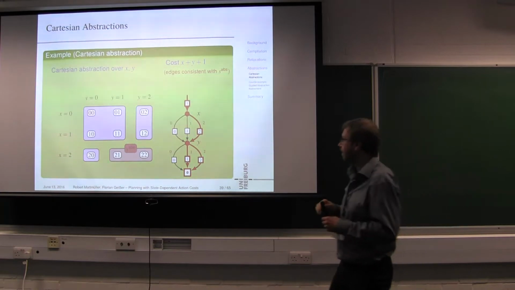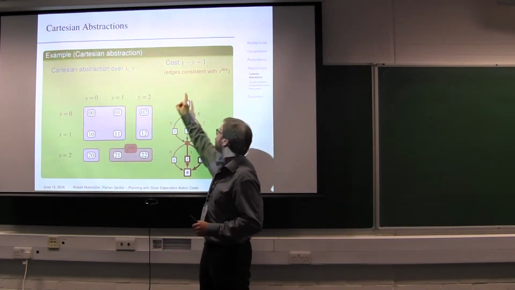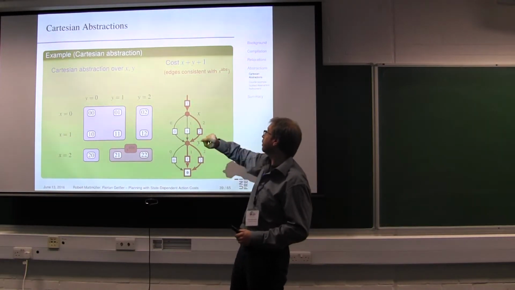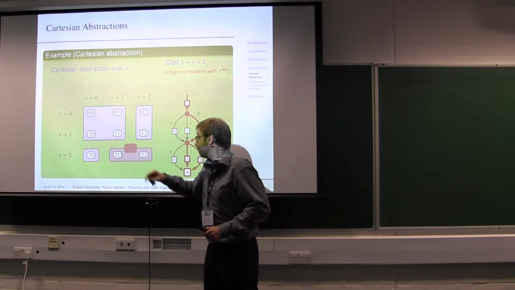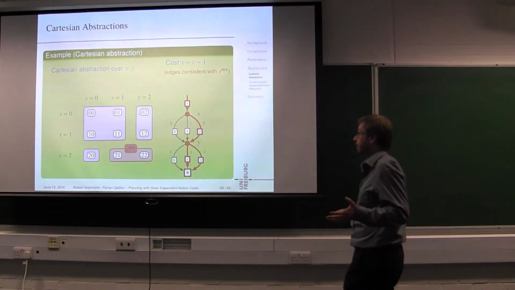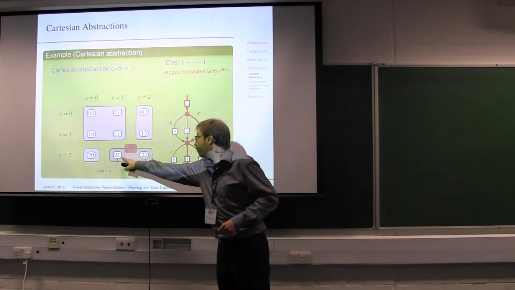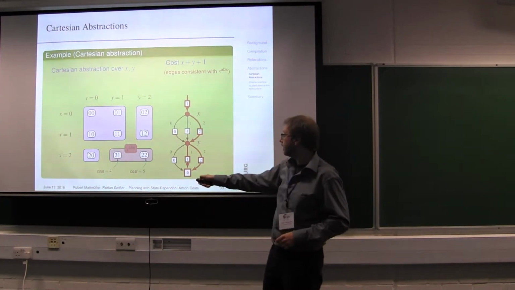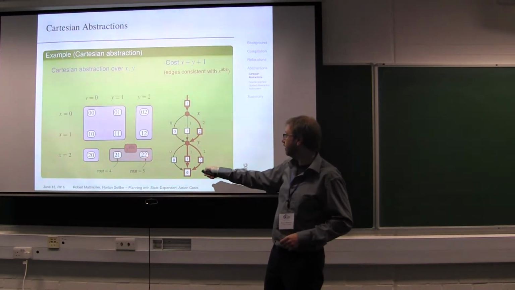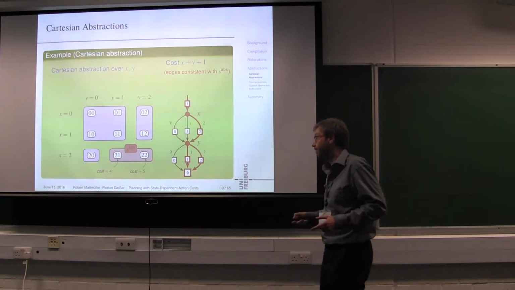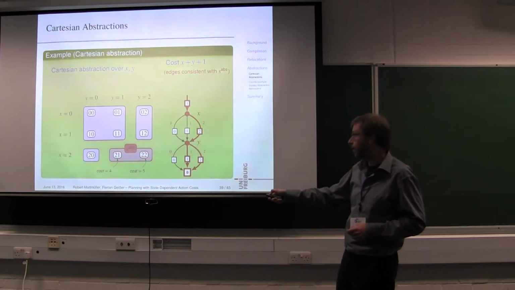And now we want to get the cost of x plus y plus 1 in this abstract state. So first of all, what would we expect? Cost here is 4, so it's 2 plus 1 plus 1, that's 4, and for this concrete state, it's 2 plus 2 plus 1, that's 5. And the minimum of 4 and 5 is 4.